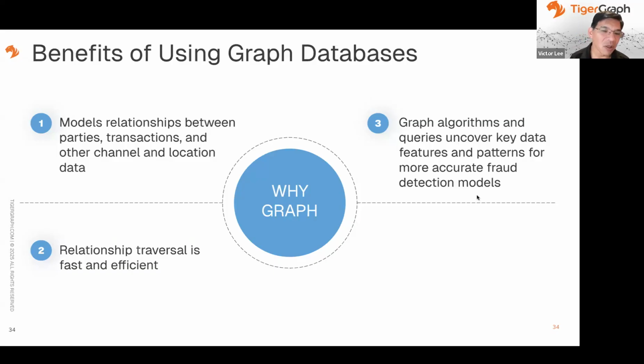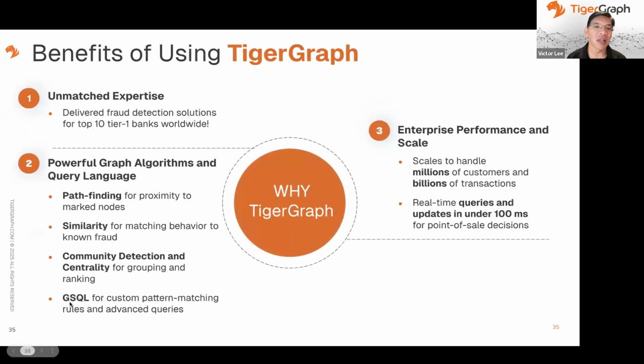So it's not just any graph, but you need an analytical graph and one that scales and is fast. And that's why TigerGraph has been the choice for these large financial institutions as well as medium-sized institutions. It's because of that compute and analytical and scalable performance.